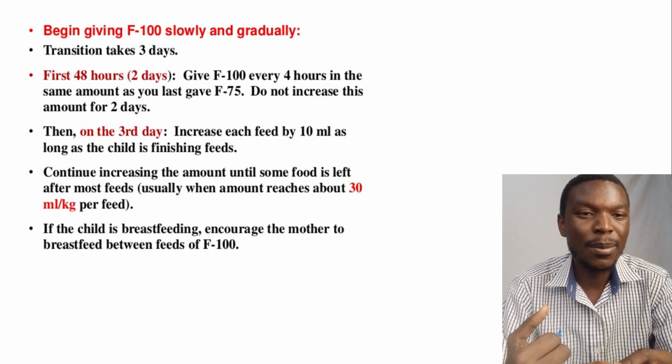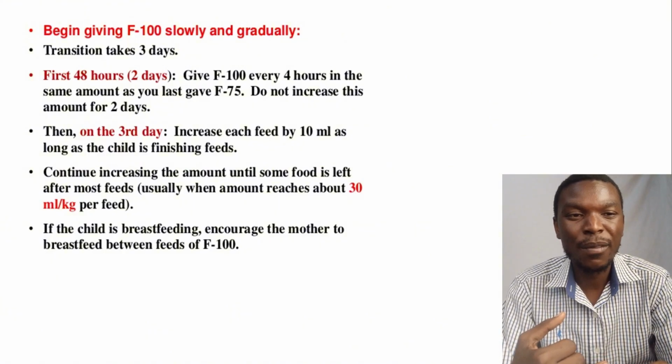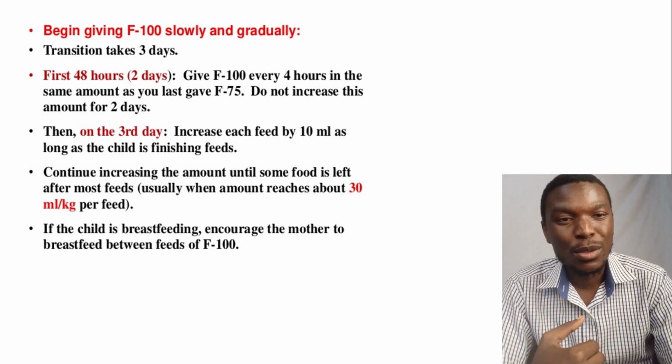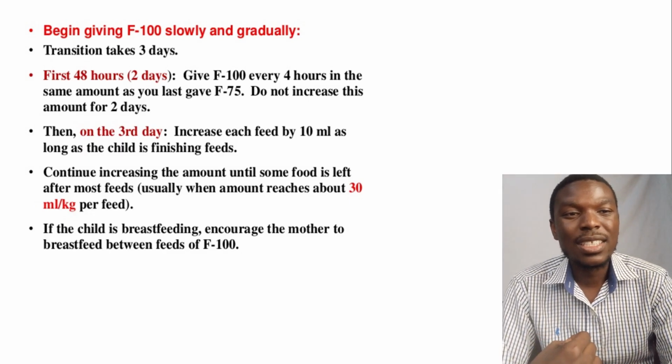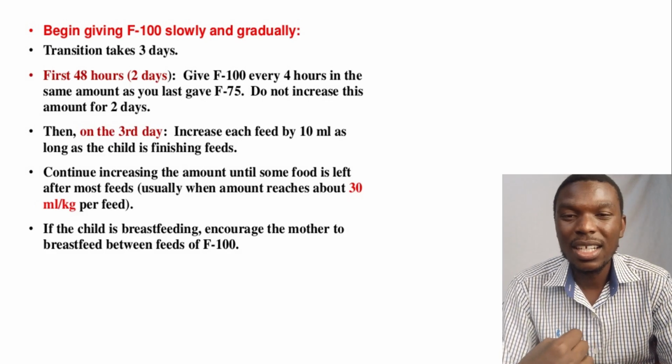Usually when the amount reaches about 30 mls per kg per day. If the child is breastfeeding, encourage the mother to breastfeed the child between feeds of F100. So you continue increasing the amount of feed until the feed left is little.